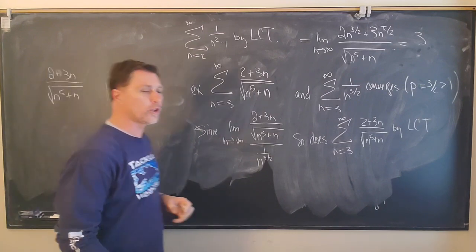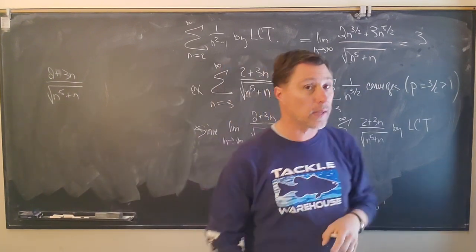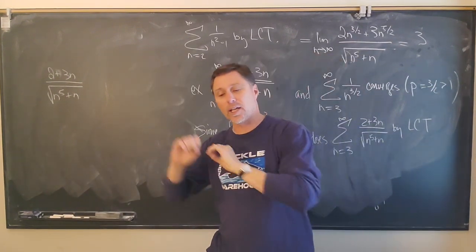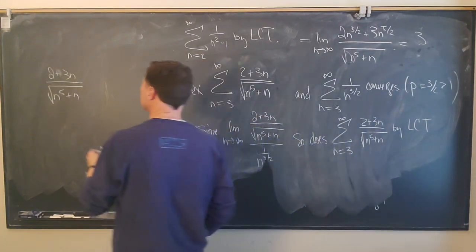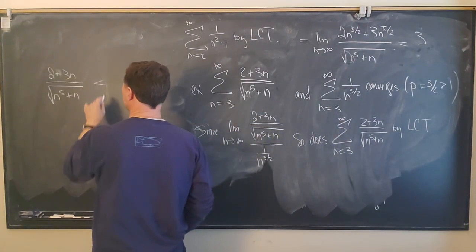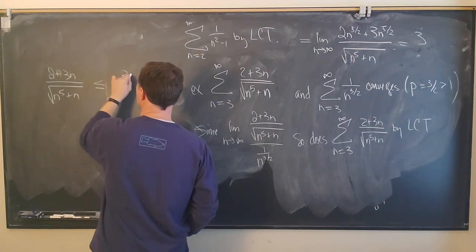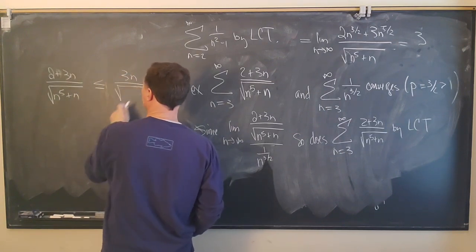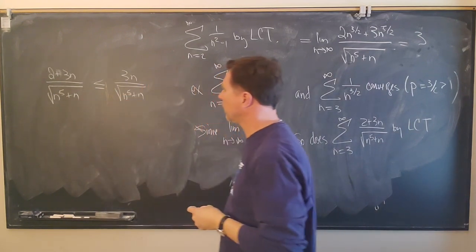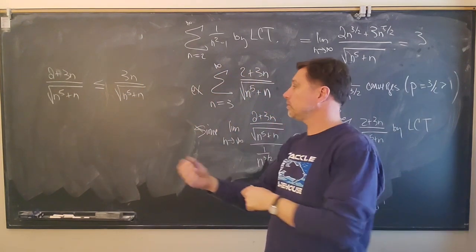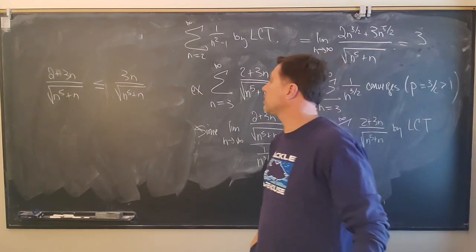Remember, what you're doing when you use either the comparison or the limit comparison test is getting rid of all the stuff and focusing on the dominating terms. So it is true that this is less than or equal to 3n over square root of n to the 5th plus n.